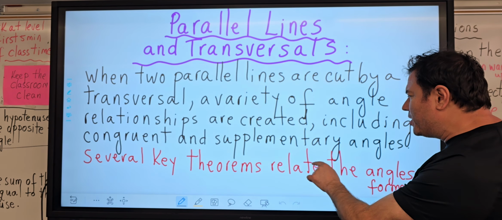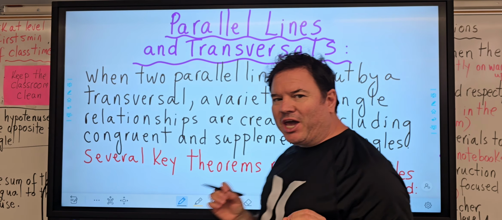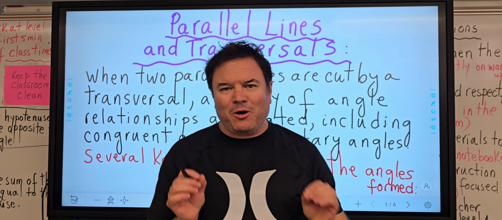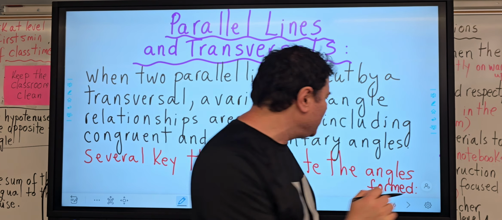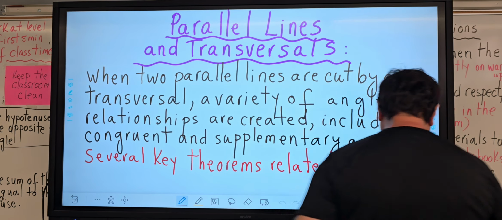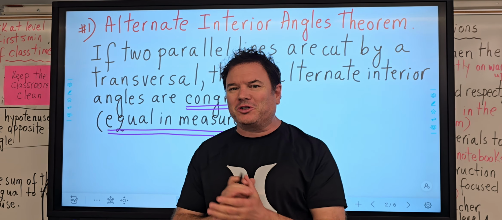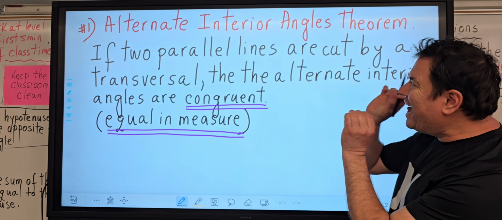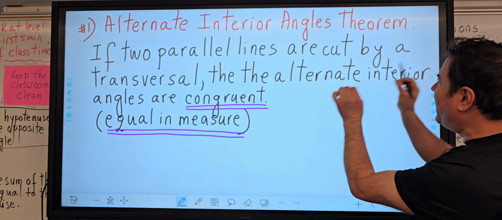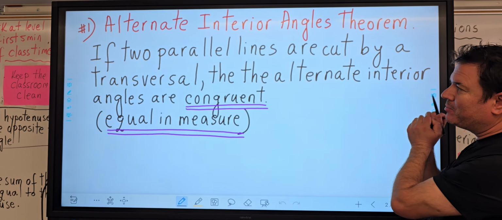Several key theorems relate the angles formed. Now let's take a look at some of those theorems. The first theorem that is formed when two parallel lines are crossed by a transversal is the alternate interior angle theorem.